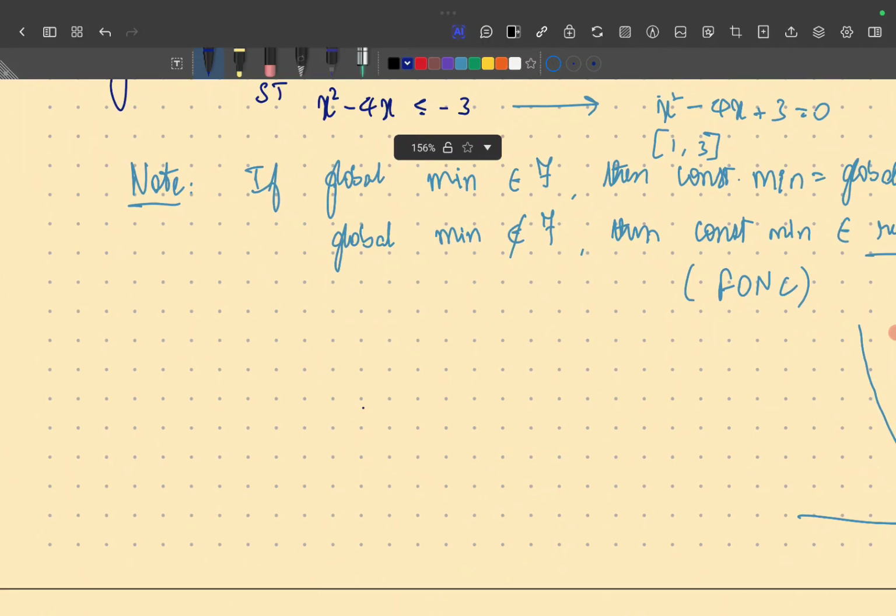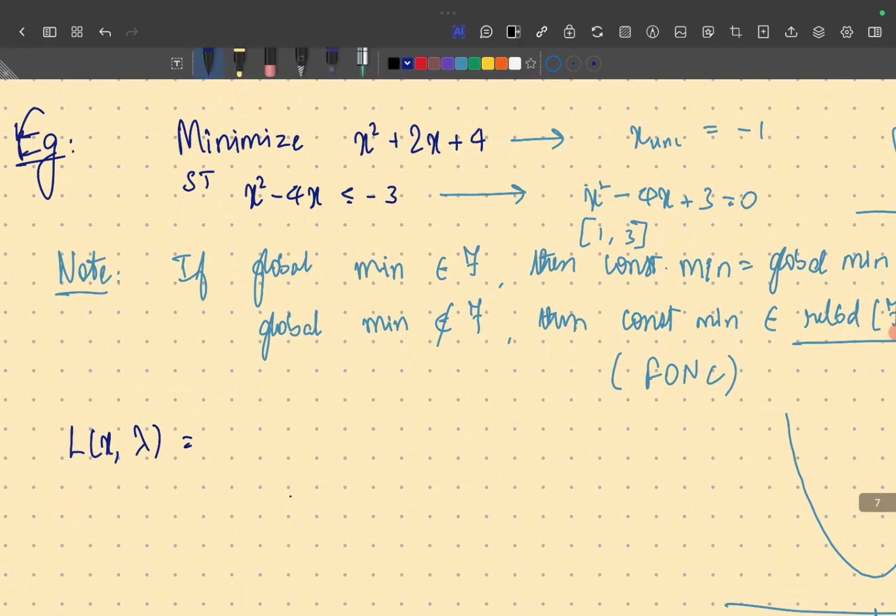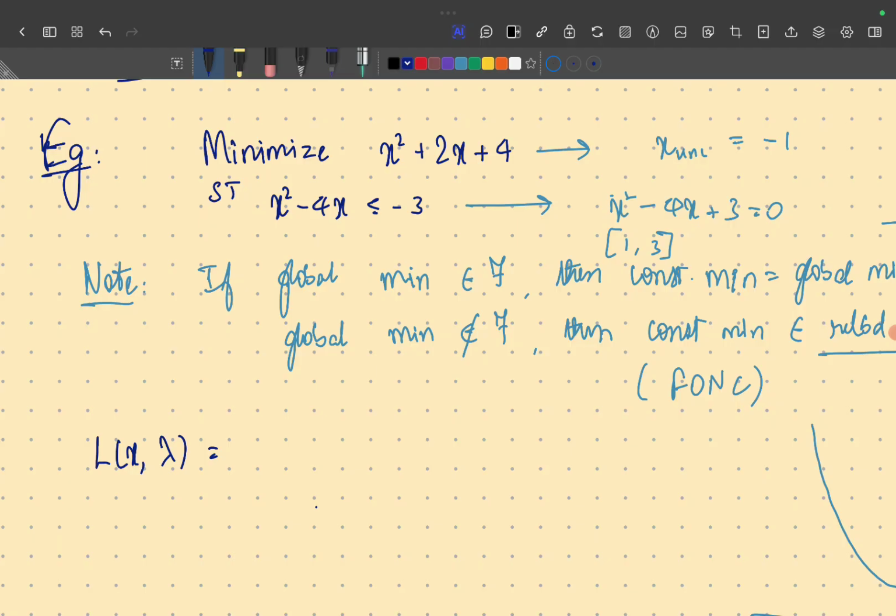Okay, so let's start with the Lagrangian. How many constraints do I have? One inequality constraint. So what is the Lagrangian going to be equal to? It's x squared plus 2x plus 4 plus lambda times (x squared minus 4x plus 3).